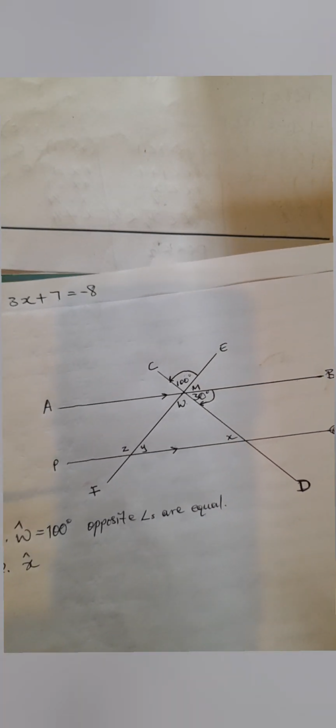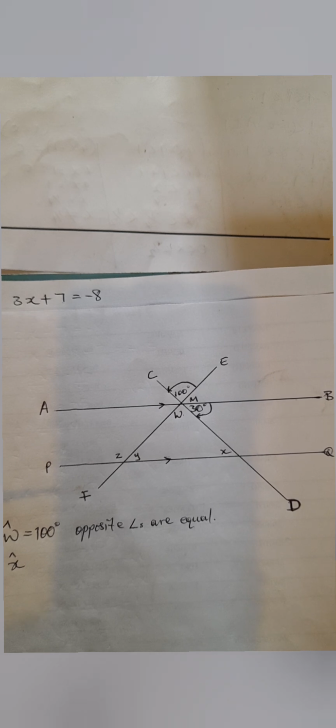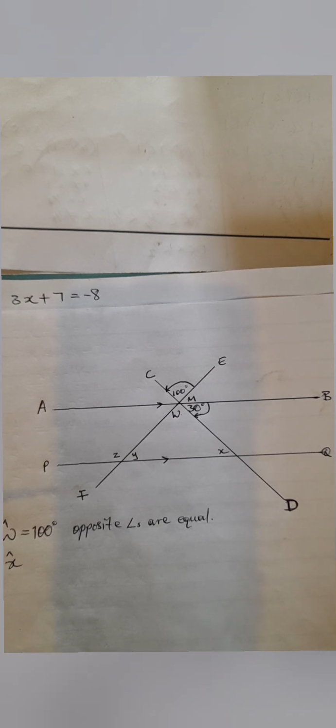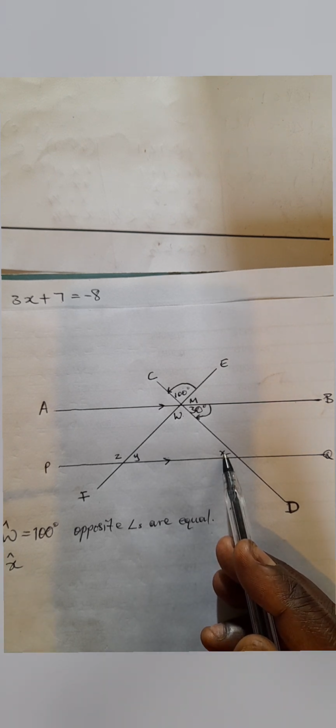Okay, moving on to 5.2, angle X. What is angle X? Let's look at the diagram again. So angle X, look at angle X. It's equal to which other angle?